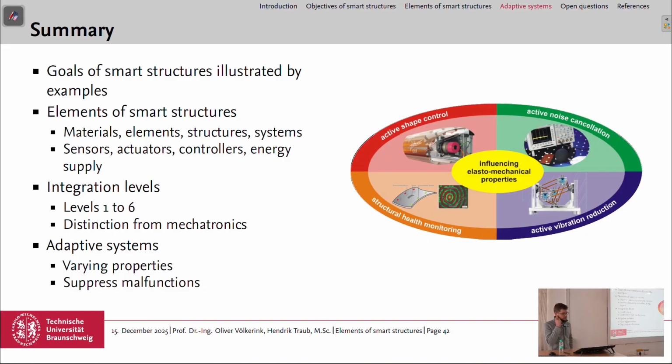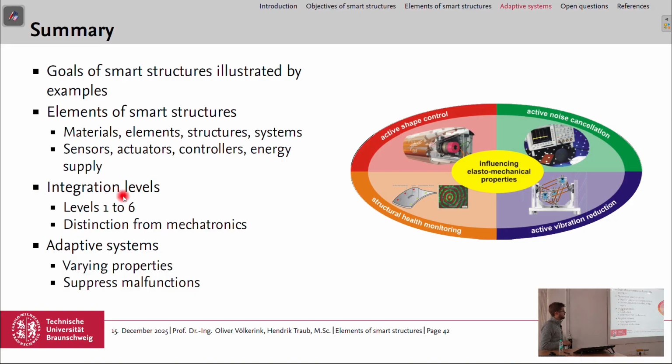Okay, so with this, I'm at the summary for this lecture. We saw the goals of smart structures illustrated by examples. Then we learned about the elements of smart structures, the name-giving elements of this GIAN course, which are materials, multifunctional materials. Then we have elements, structures, and the whole system, which is built from sensors, actuators, controllers, and energy supply.